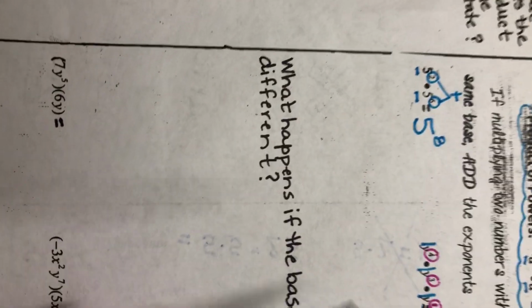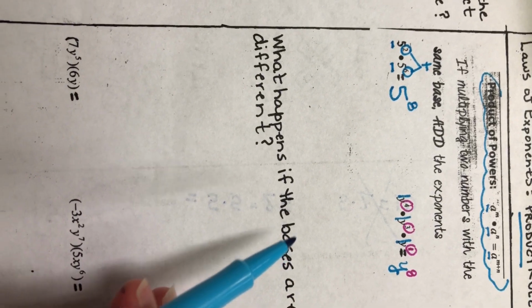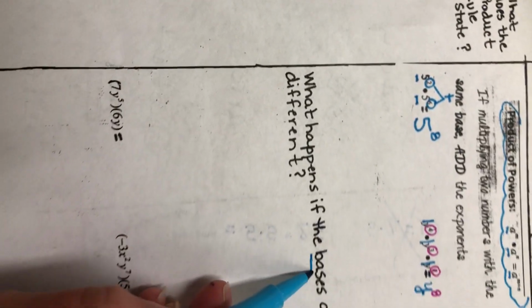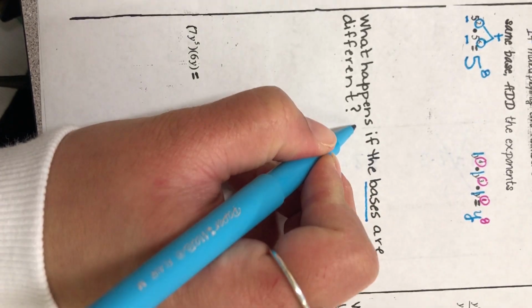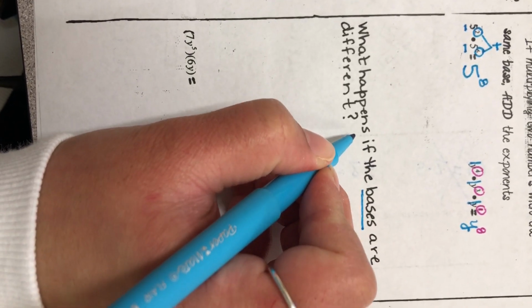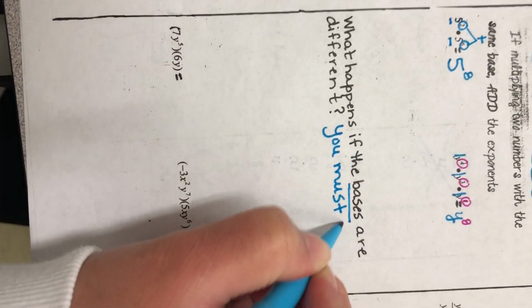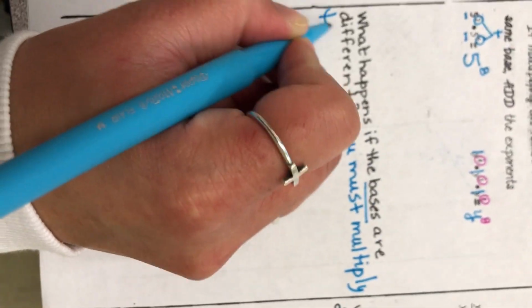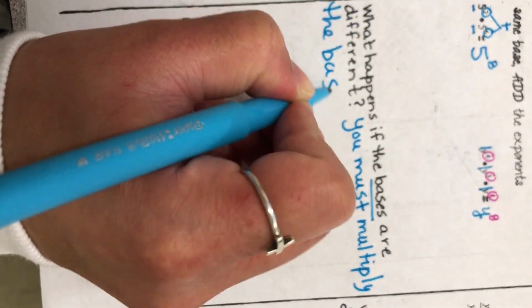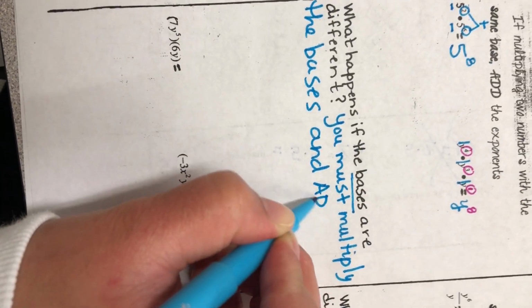Now, what happens if your bases were different? Well, bases meaning the big numbers, okay? If your bases are different, you must multiply, that's why it's called a product rule, the bases, so multiply the big numbers and add the exponents.